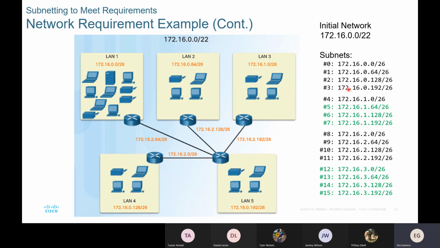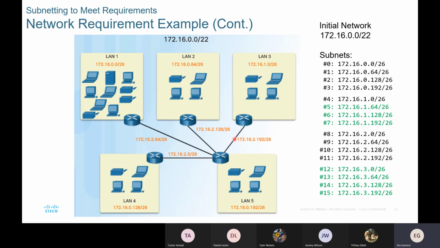Then we assign this network to this LAN, to LAN 5. Then we assign this network, which is subnetwork number 4, to LAN 3, as you can see. Then this one is spare, we don't use it. This one also is spare, we don't use it. This one is also spare, we don't use it.